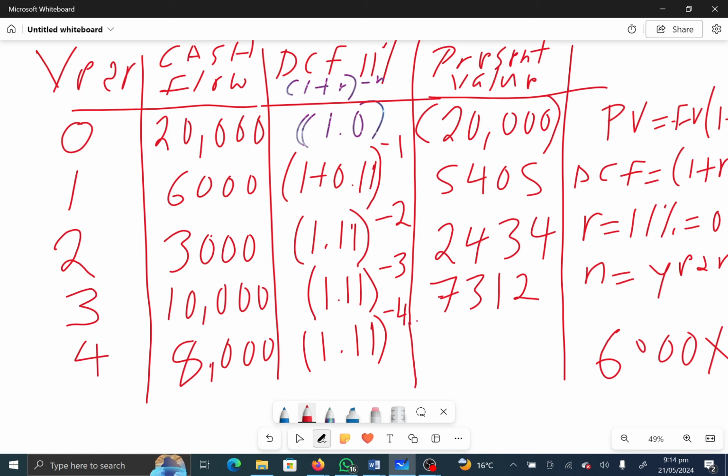So say 8,000 multiplied by open bracket 1.11 close bracket to the power negative 4. What are we getting? 5,269.8. So we can round off. When you round off, it will be 5,270.